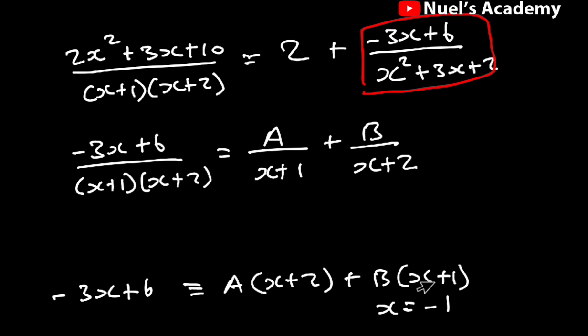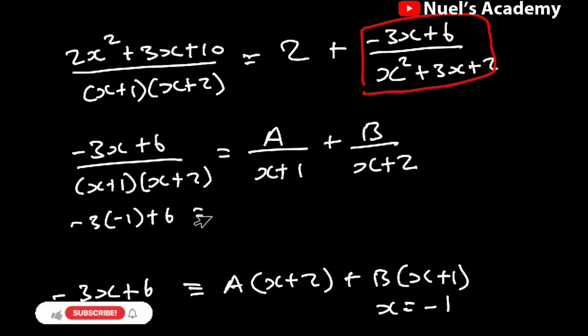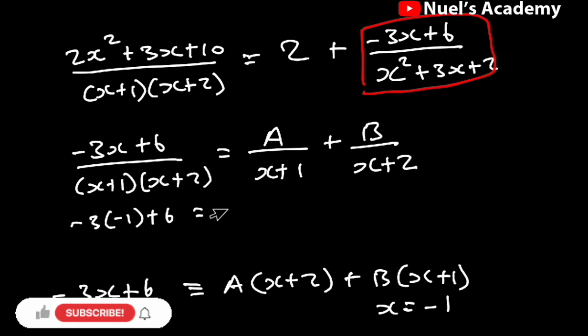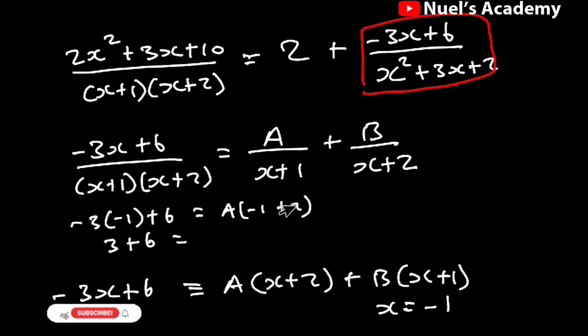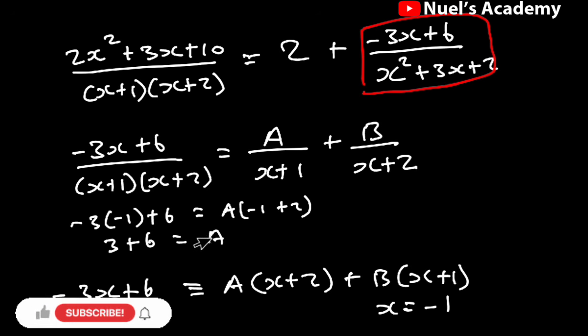So if we set x to be -1, we're going to have minus 3 into -1 plus 6 is equal to a multiplied by -1 plus 2. Minus 3 times minus 1 is 3, plus 6 is equal to a times minus 1 plus 2, which is 1. So 3 plus 6 is equal to 9. Then we have that a is equal to 9.